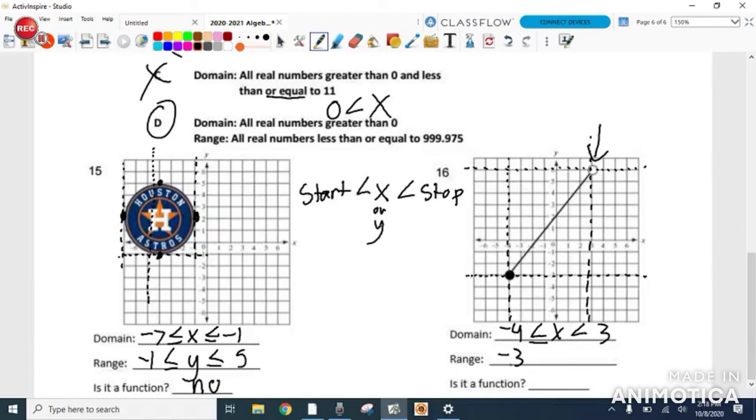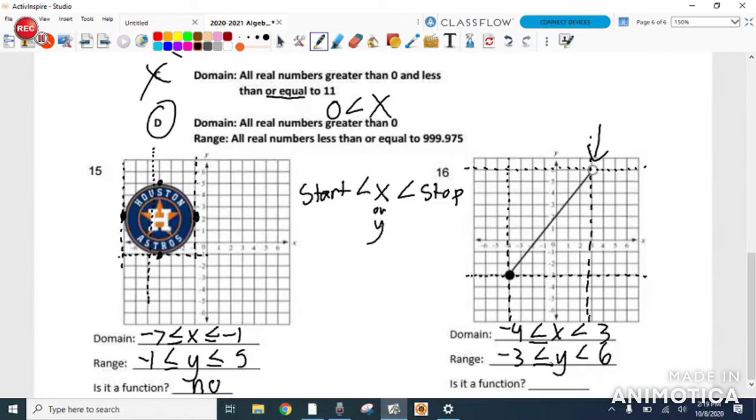And I'll have my y in there since it is range. Let's make sure I put my inequality symbols correctly. Now, at my starting point at -3, do I have an open or closed point? I have a closed point, so it will be a or equal to. At 6, I have an open point, so I'm going to keep that how it is.